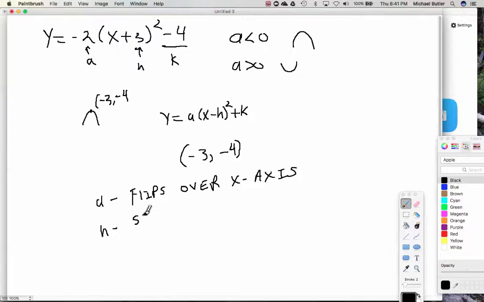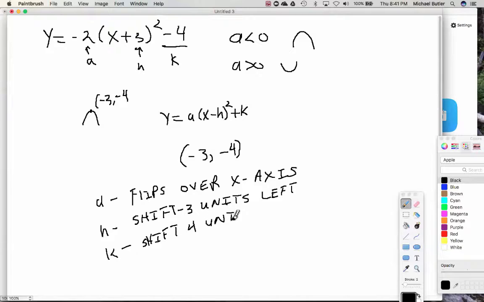H shifts it, and then you look at this number right here, -3 units to the left, or you can just say 3 units to the left. That probably would make sense too. And then what does K do? K shifts it 4 units down.